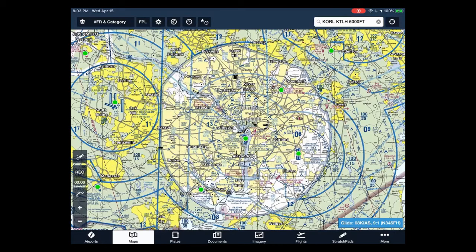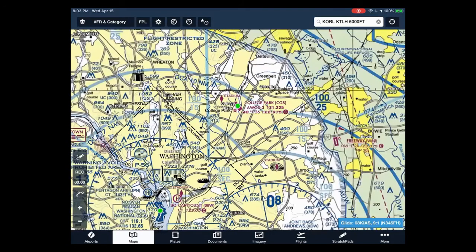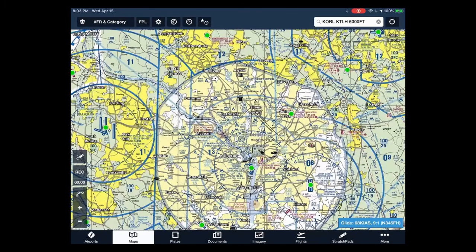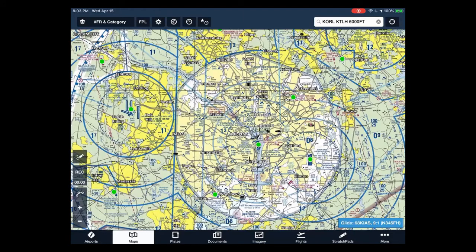Specifically, if you want to fly inside of the FRZ, maybe you live in DC and you want to park your airplane at College Park, you're not going to just be able to do that after some study or even taking the required course that's required anytime you're within 60 nautical miles of the greater Washington, DC area. You're going to have to go through an entire certified background check that's approved for you to be able to fly in that area.